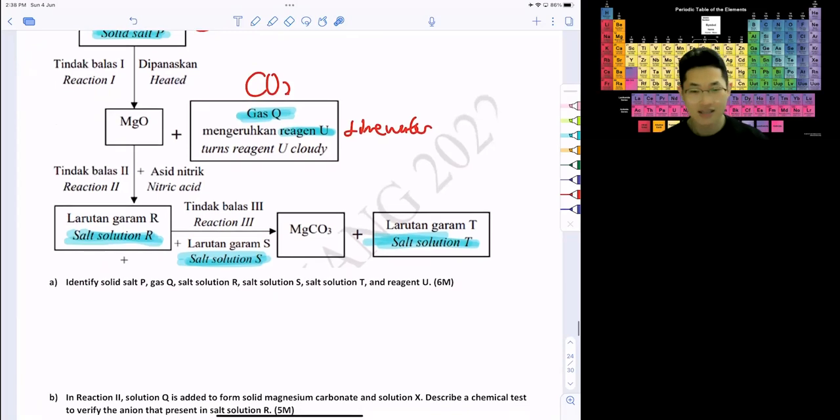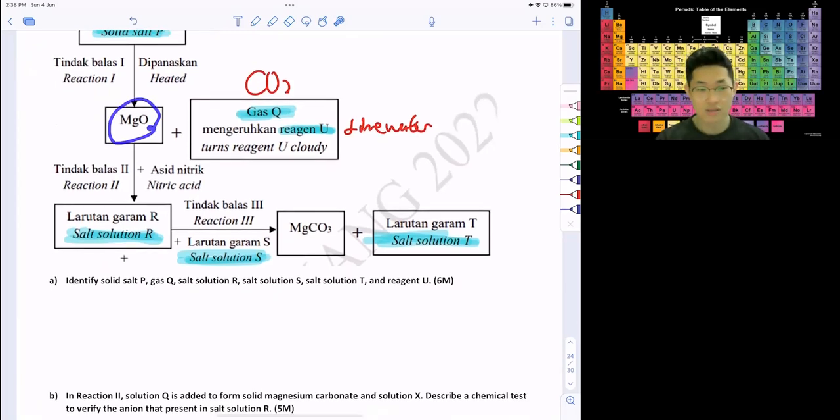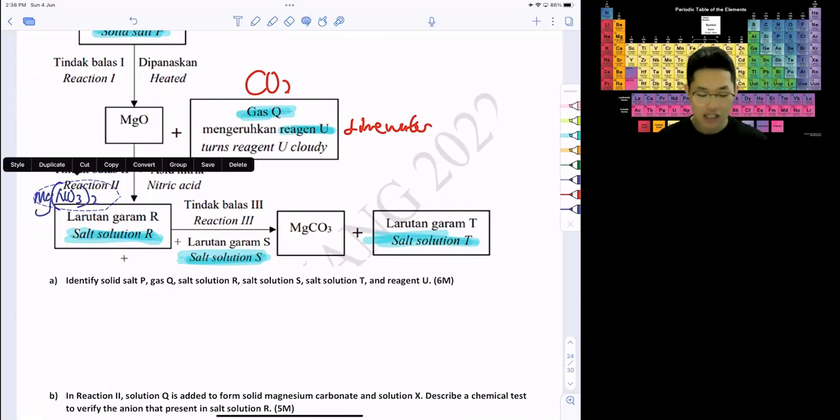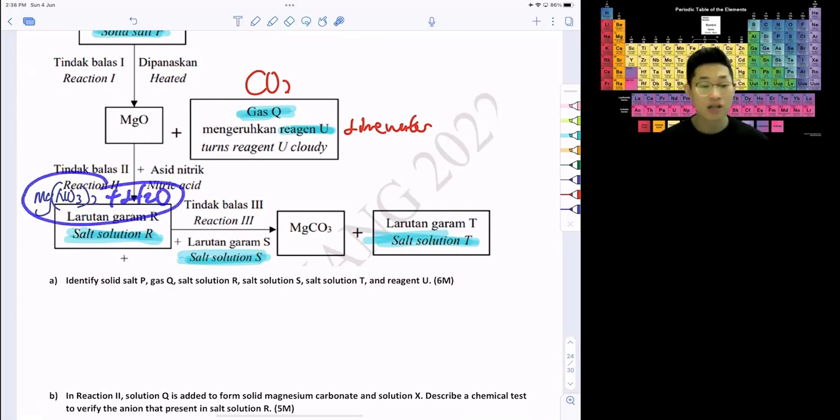After that, MgO with nitric acid. Just write the equation, then you will be able to get magnesium nitrate. I believe you write your equation, it is Mg(NO3)2 plus H2O, salt and water.